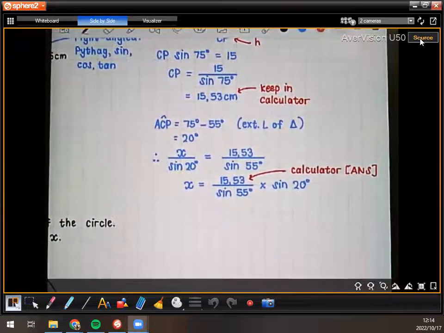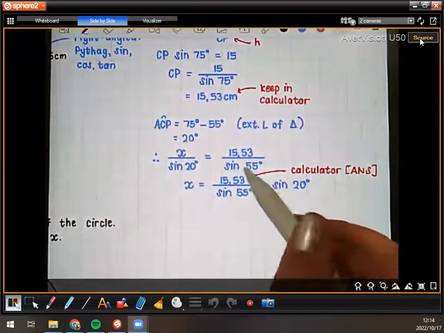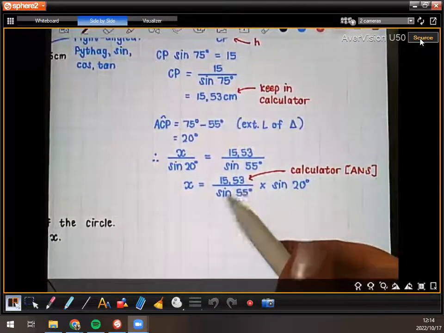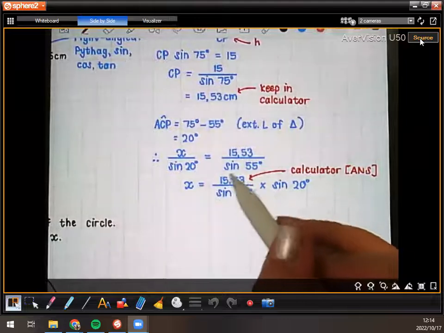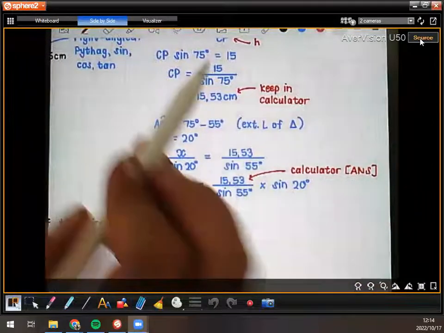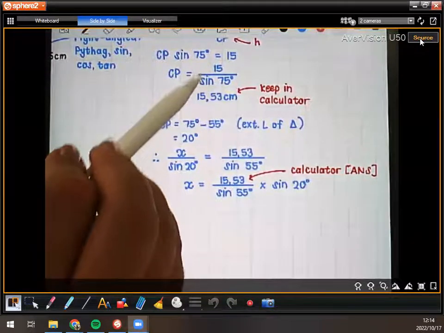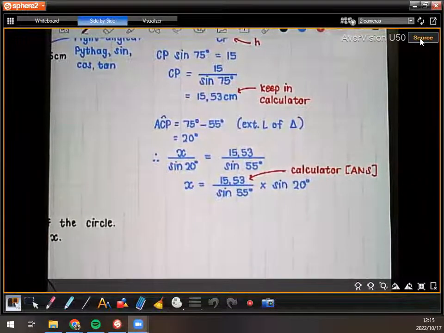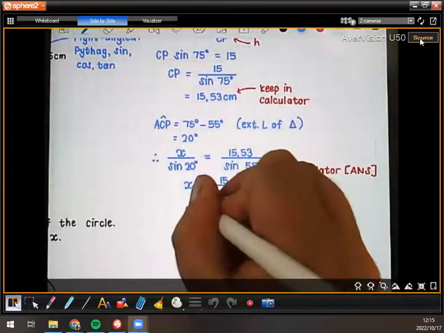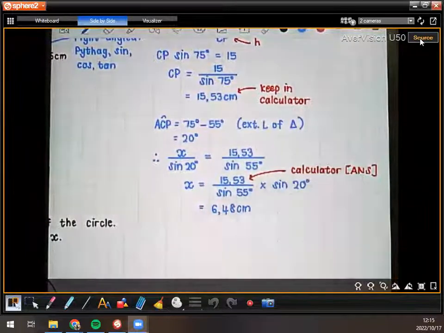Now the problem is that if you use the calculator to calculate this 20 degrees, then this is not going to be your last answer. So just be aware of that. You might actually have to work that out again if you use your calculator to do it. But it's not a lot that you have to type in to do that. It's just 15 over sine 75. That answer in the book says 6,48 centimeters.